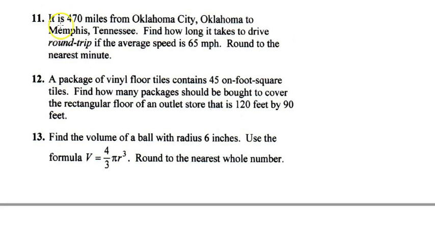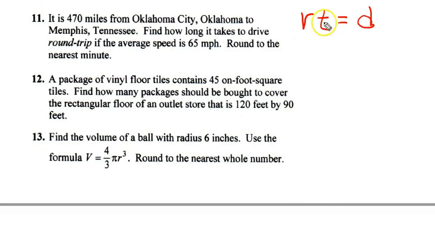Now, for number 11, here we're saying it's this many miles from Oklahoma City to Memphis, Tennessee. So, find out how long it takes to drive a round trip if the average speed is this. So, first of all, what formula do we use? Well, we're going to use the formula distance equals rate times time.